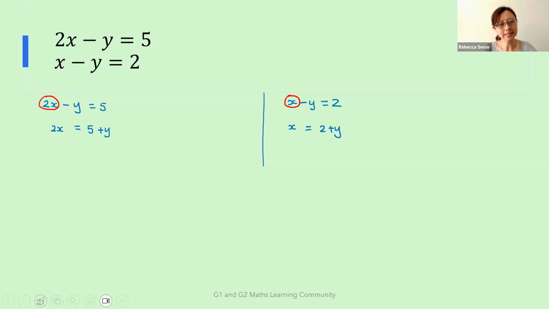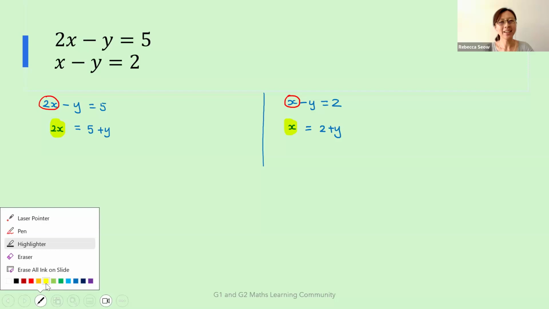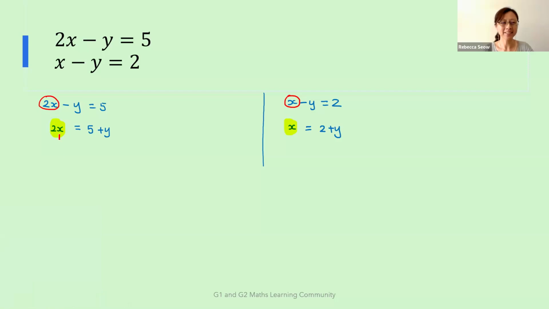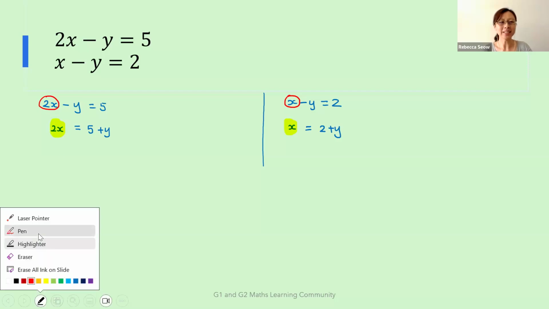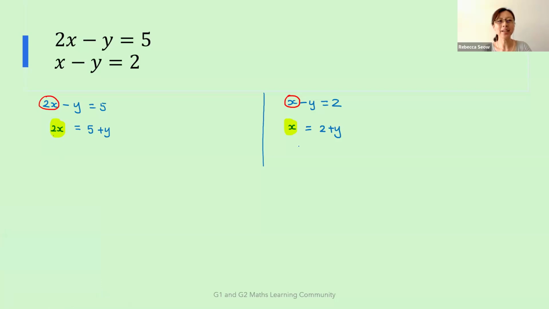Next, I will have to look at my x terms on the right-hand side. I have 2x on the left, and I have x on the right. So what I need to do next is to make sure that I have 2x on each side. So what do I need to do to this x term?